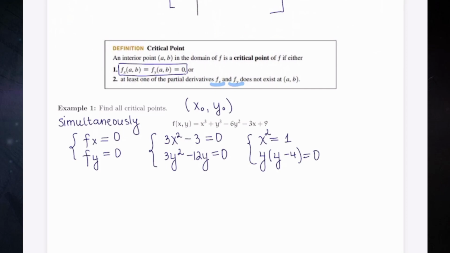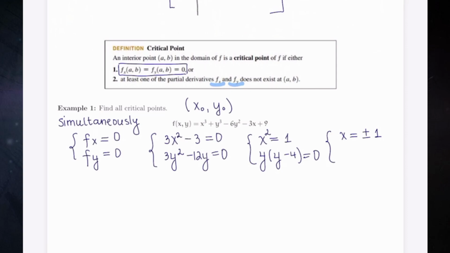So we are almost ready to write out our points. From the first expression, we get x is equal to plus or minus 1. It's important to keep that in mind: if you have a quantity squared equal to some number, then that quantity is plus or minus the root. In this case, it's 1.